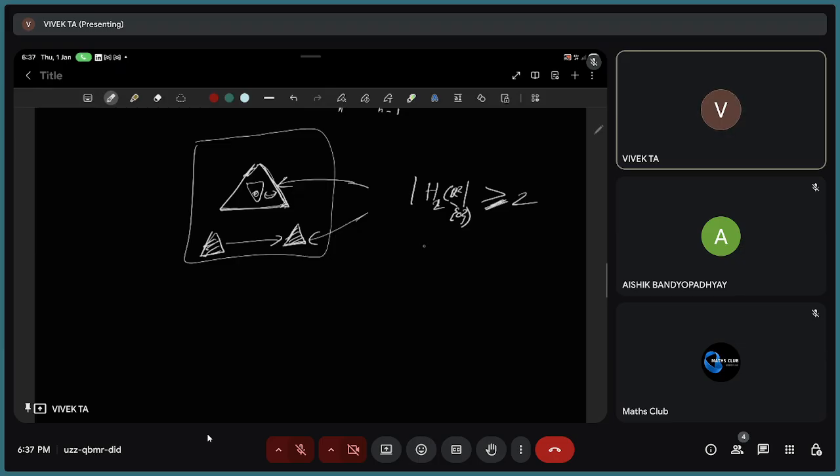Hence, it is in fact equal to 2. So H2 of R2 minus 0 in fact has cardinality equal to 2, which essentially shows you that the number of holes it has is equal to 1. That is this one hole.